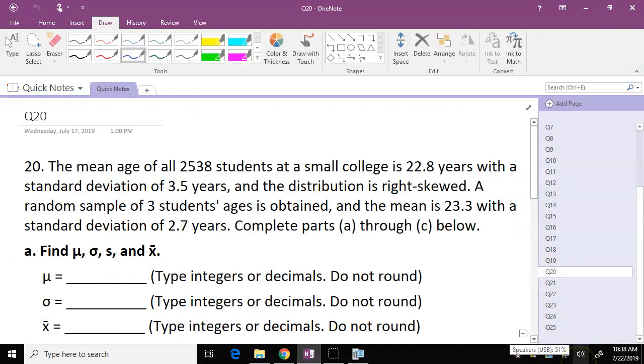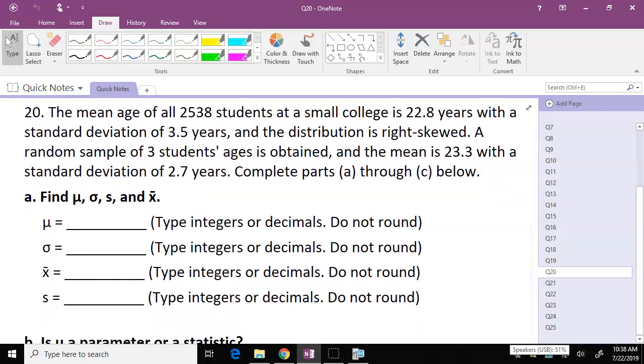Number 20. This guy is coming from 9.1. And again, you can see it's about parameters and statistics. So the mean age of all 2,538 students at a small college is 22.8 years with a standard deviation of 3.5 years. And the distribution is right skewed. A random sample of 3 student ages is obtained and the mean is 23.3 with a standard deviation of 2.7 years.